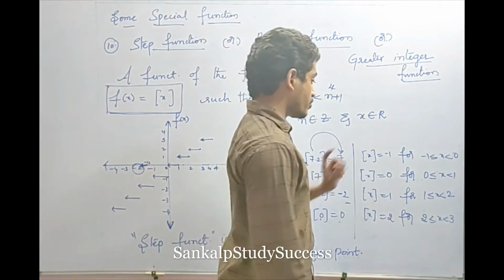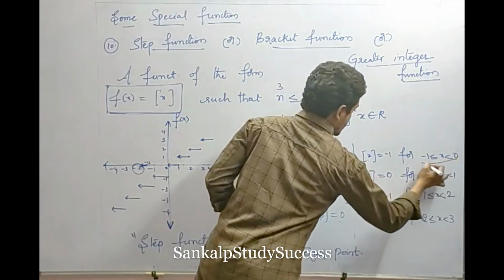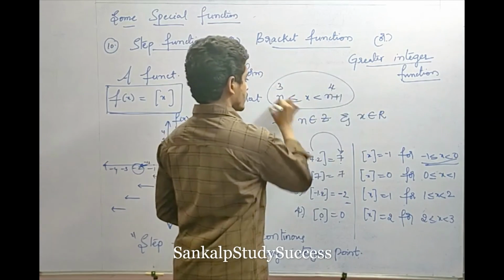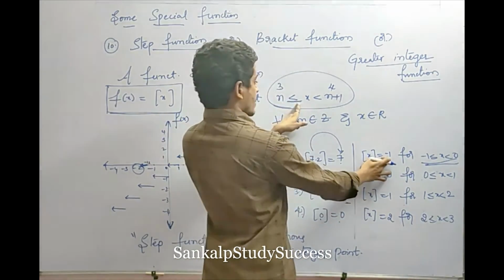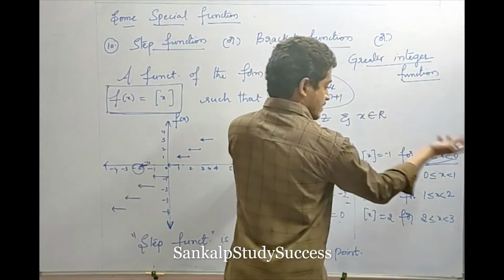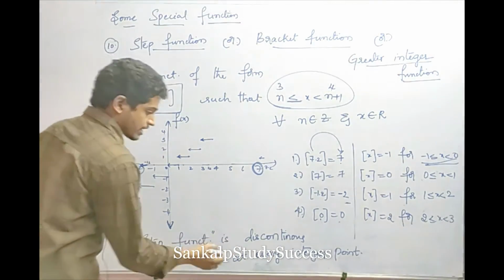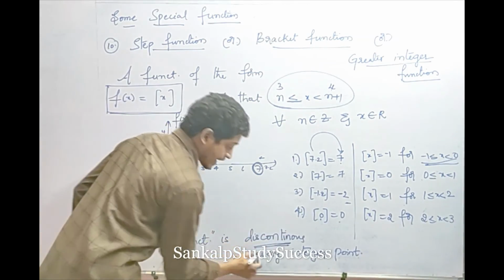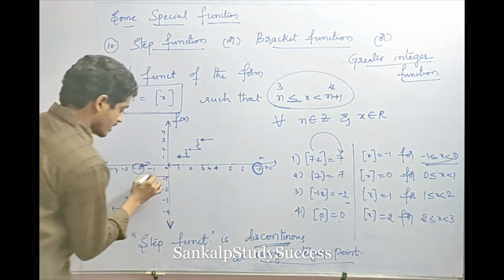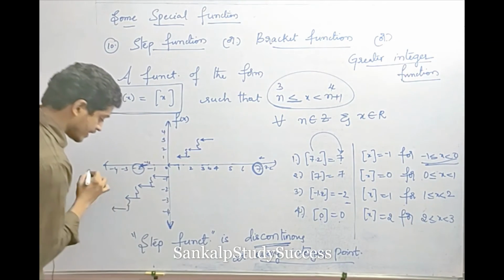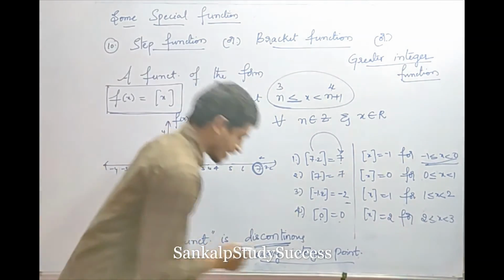And suppose x equals minus 1, what is the range? Minus 1 less than or equal to x less than minus 1 plus 1, which is 0. Here equality comes on the left, not on the right. Remember, the step function is discontinuous at every integer point, friends. There is a jump there, so we cannot assign one value.